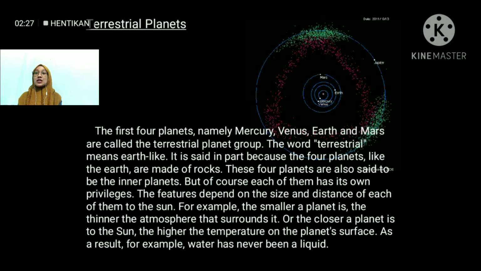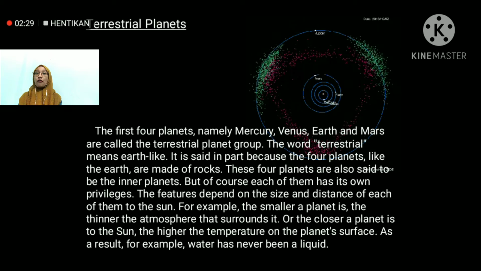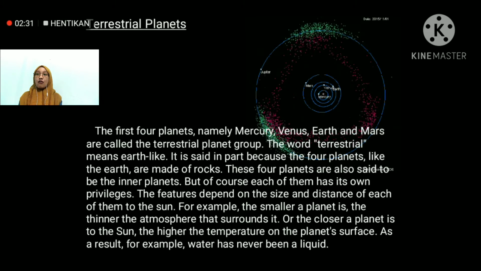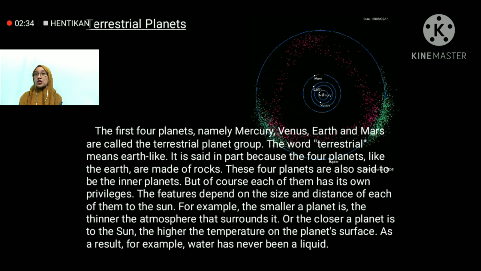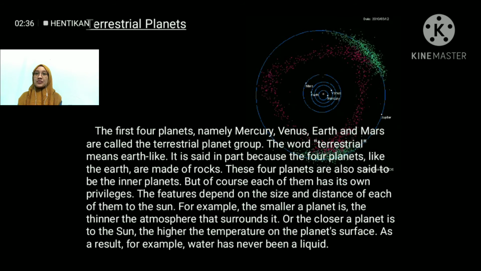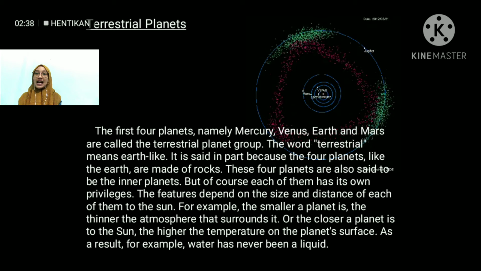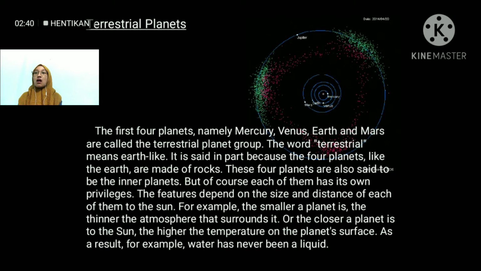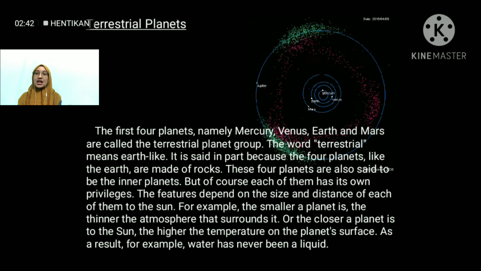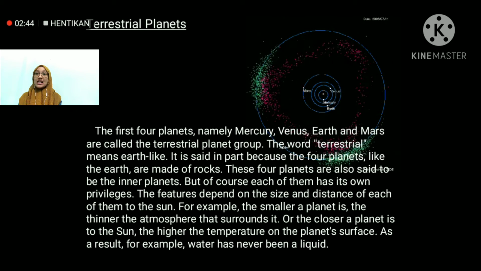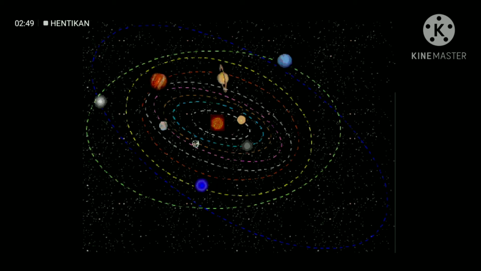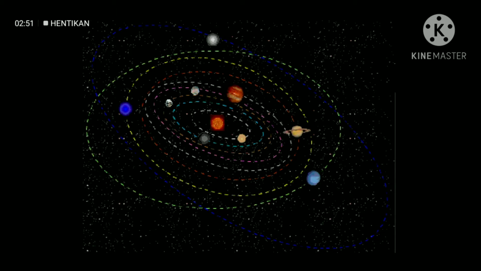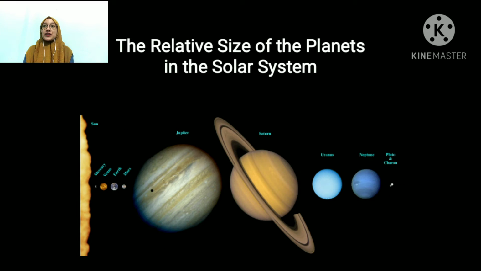The features depend on the size and distance of each of them to the Sun. For example, the smaller the planet, the thinner the atmosphere that surrounds it, or the closer the planet is to the Sun, the higher the temperature on the planet's surface. As a result, for example, water has never been a liquid. The relative size of the planets in the solar system.